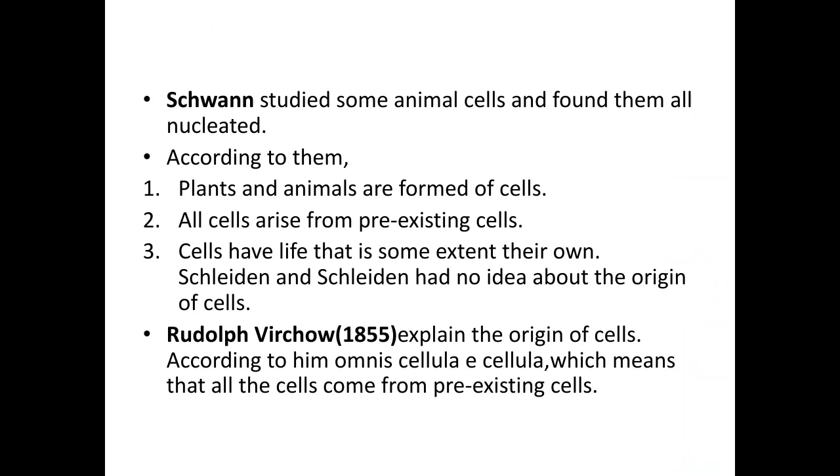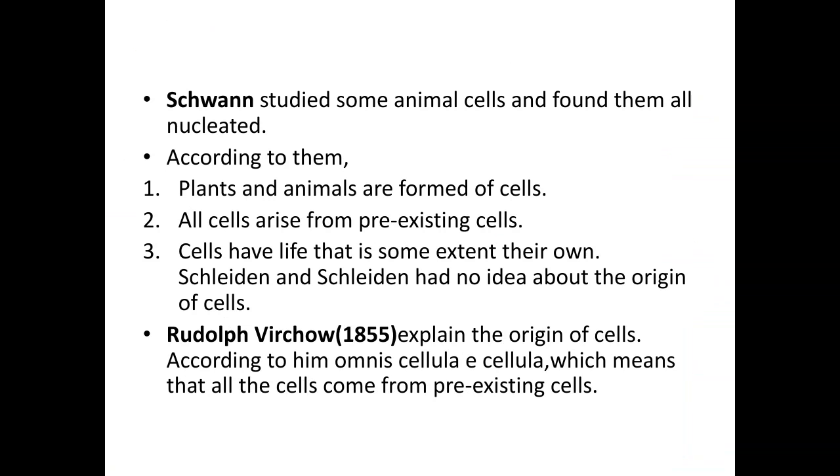Next, Schwann studied some animal cells and found that all cells are nucleated. According to Schwann, first, plants and animals are formed of cells. Second, all cells arise from pre-existing cells. And third, cells have a life that is to some extent their own.